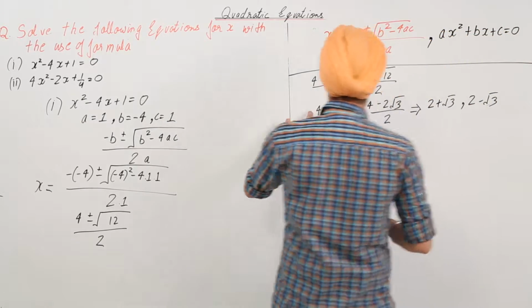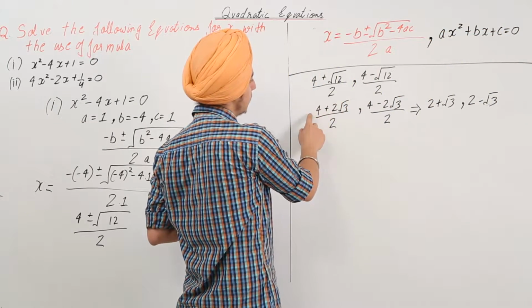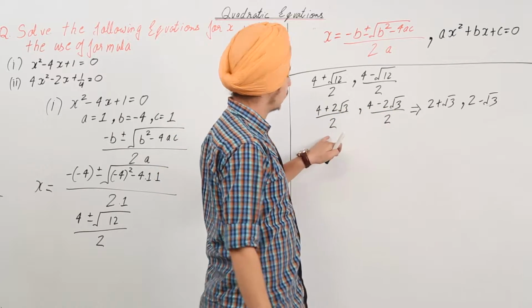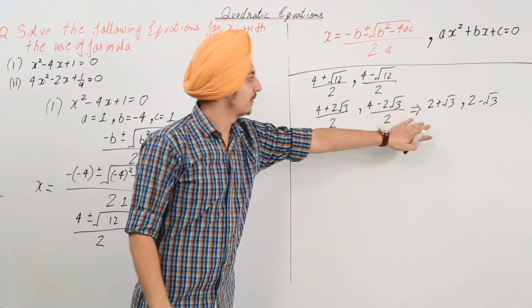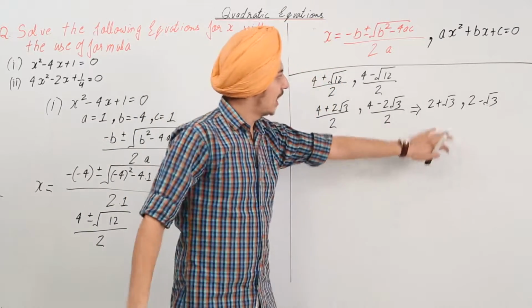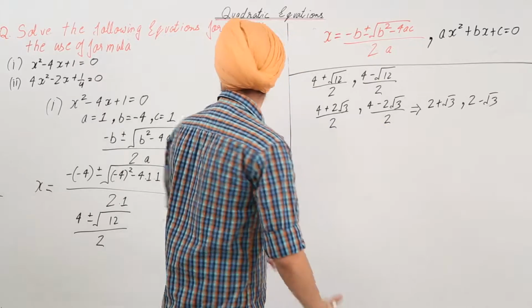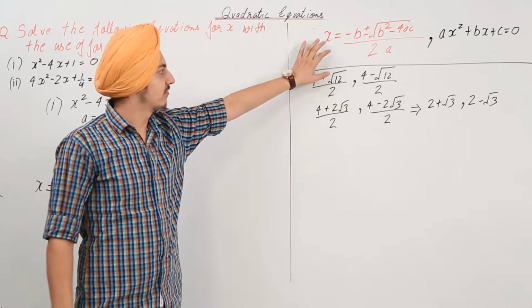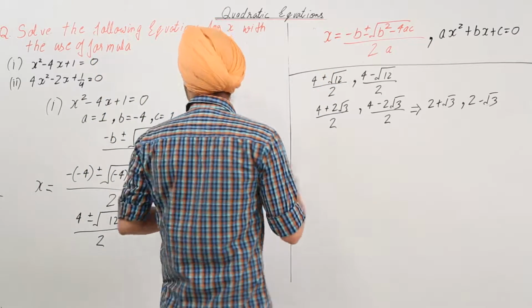I've just taken 2 common from the upper part, and this becomes 2 plus root 3, and this becomes 2 minus root 3, and then 2 is divided by 2, and that is correct. I've just skipped one step and written the values of x straightforward. So these are the values of x which satisfy this equation. We've just calculated these values straightforward from the formula.